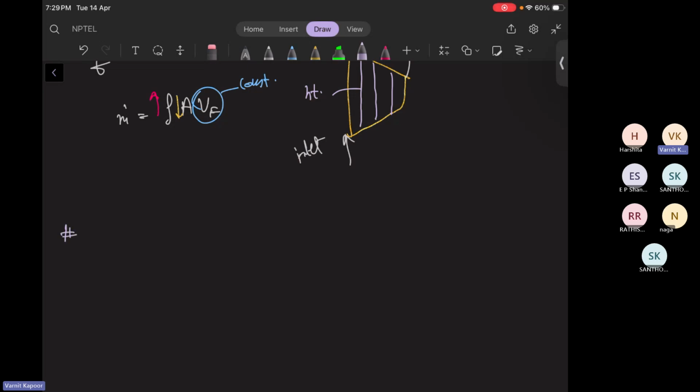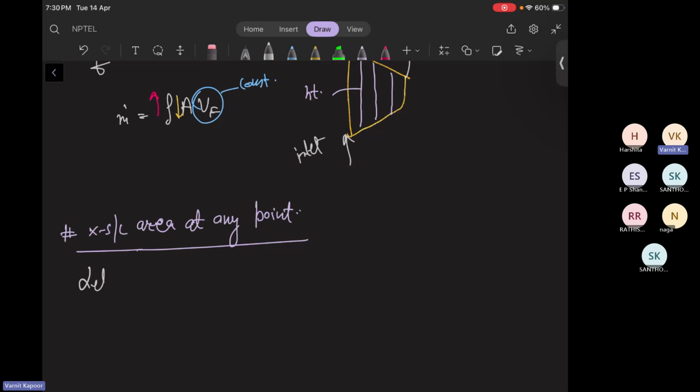Let me write: cross section area at any point. So let me tell some terminologies.